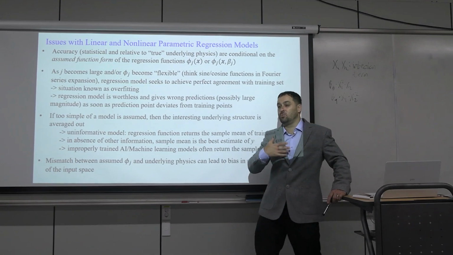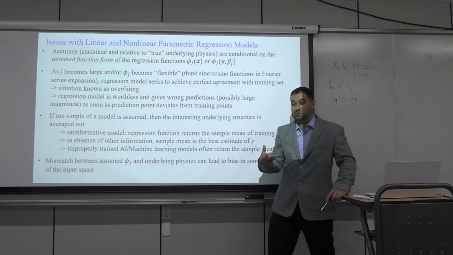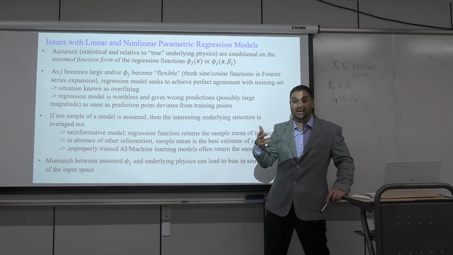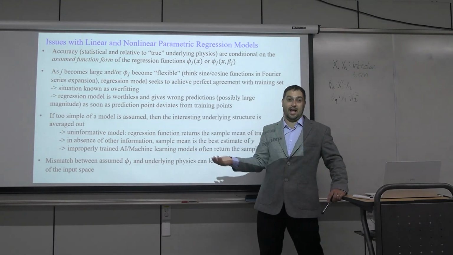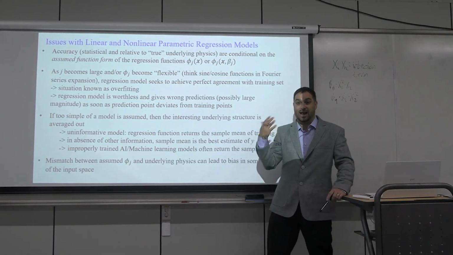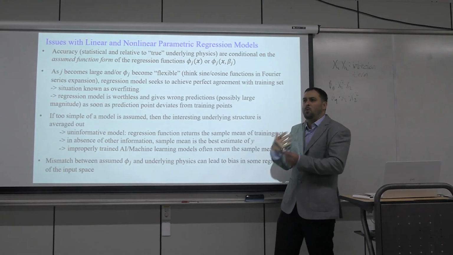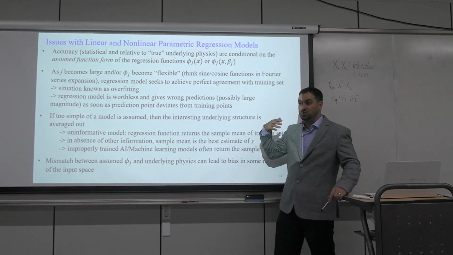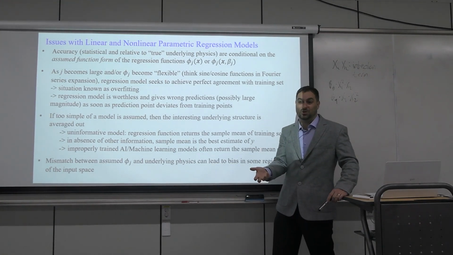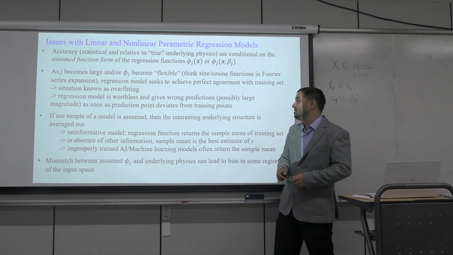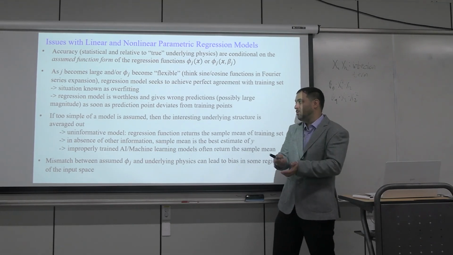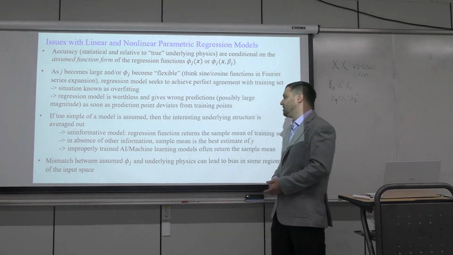Usually we're doing the regression to learn something about the underlying physics. What is the underlying functional relationship between X and Y? That's the point of doing the regression, to gain insight into the functional relationship between variables. If we have too simple a model, we lose that detail, and that's why we're doing the regression.